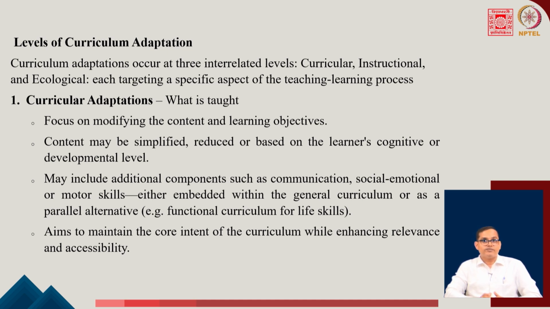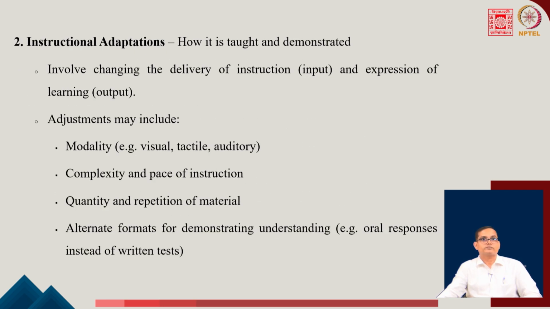Content may be simplified or reduced based on the learner's cognitive or developmental level. It may include additional components such as communication, social, emotional or motor skills, either embedded within the general curriculum or as a parallel alternative such as a functional curriculum for life skills. It aims to maintain the core intent of the curriculum while enhancing relevance and accessibility.